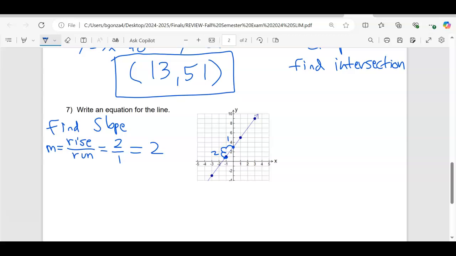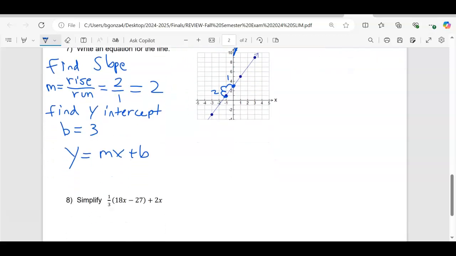So 2 over 1 is 2. And then you find the y-intercept. That's your b value. Here's y. So my b value is right here at 3. So you just write y equals mx plus b, right? So y equals 2 is my m, x plus b is 3. That's it.